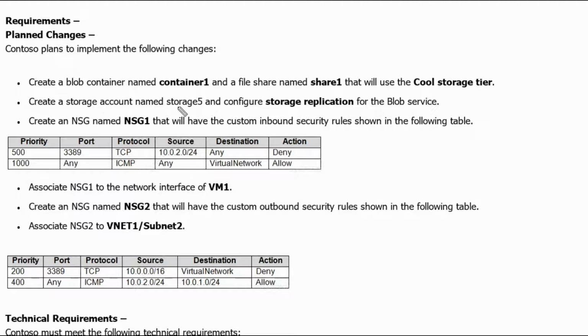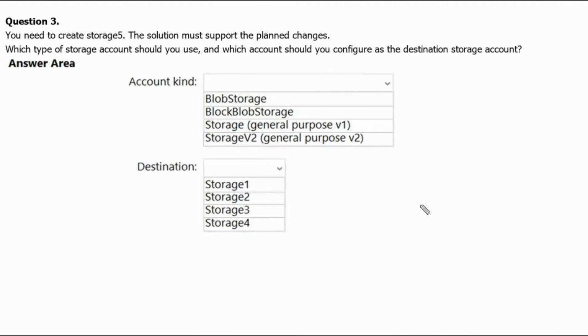The storage account storage 5 would be the source storage account. We will have two storage accounts, source storage account and destination storage account. The source storage account will be storage 5 and we need to choose one destination account.